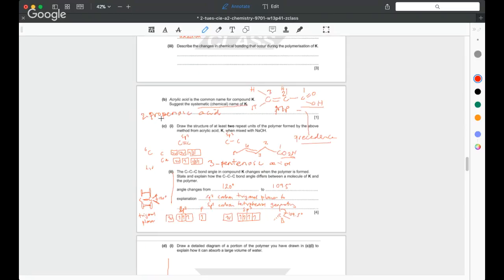And here you write propenoic acid. 2-propenoic acid would be systematically correct, but it's unnecessary, and you remove the 2 because it's not adding any extra information. Because if you've got such a short carbon chain, then it's clear that the carbon-carbon double bond must be at position number 2.